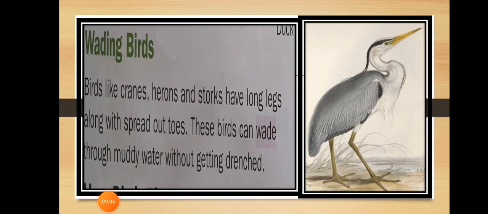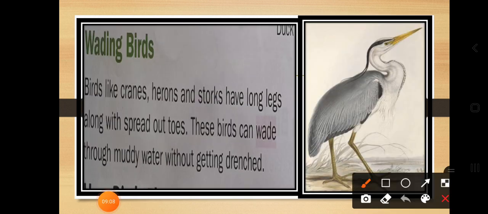Next is the wading birds. What is the help of their claws for wading birds? Birds like cranes, herons and storks have long legs. You can observe which type of legs they have. They have very long legs along with spread out toes, meaning the toes point in different directions, not only front and back.